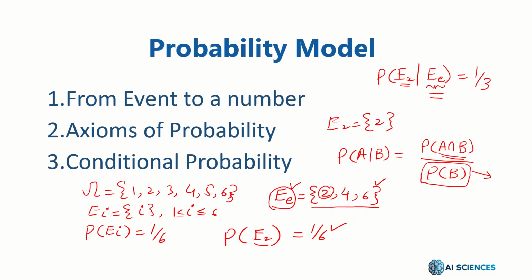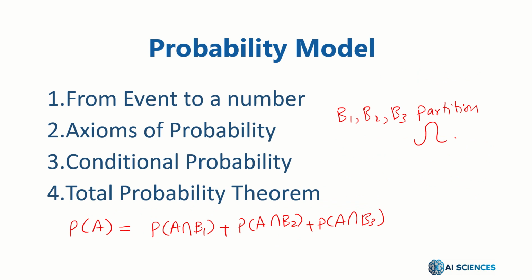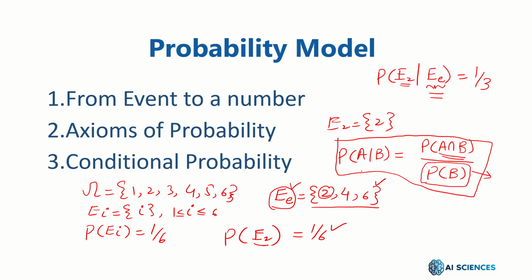In the last slide, as I have mentioned, you could have seen this formula. Let me rewrite that formula again. Here, this probability of A intersection B can be written as probability of A given B times probability of B, just by the formula that we saw in the last slide.